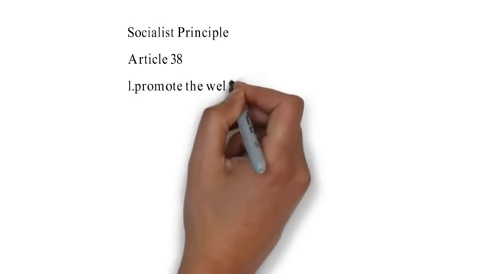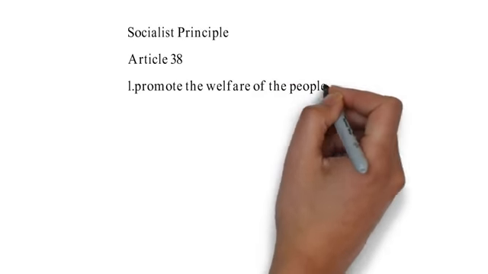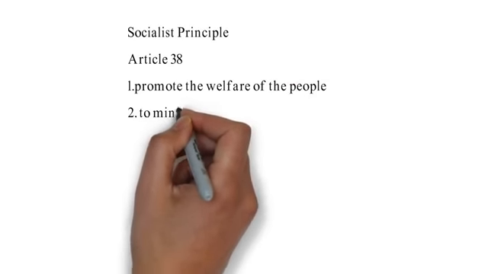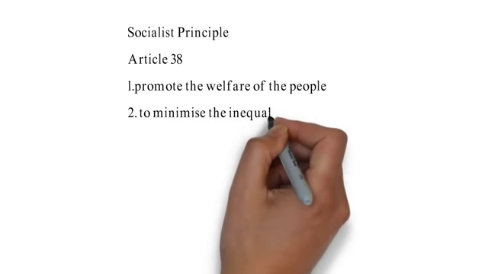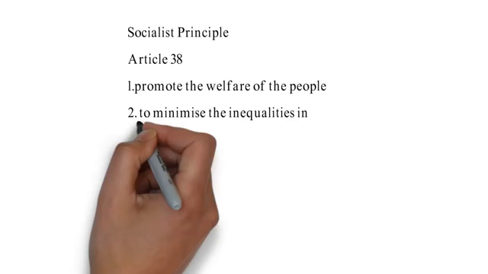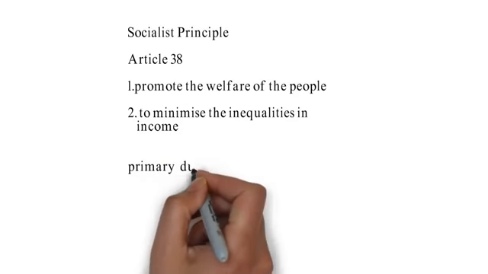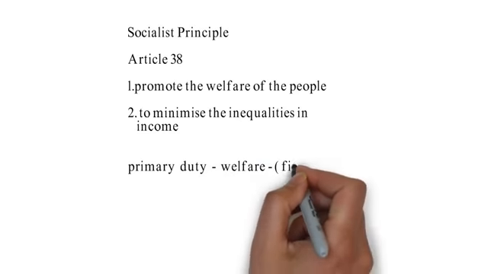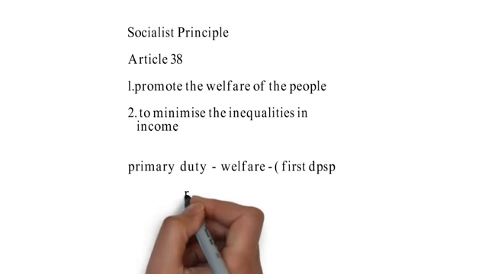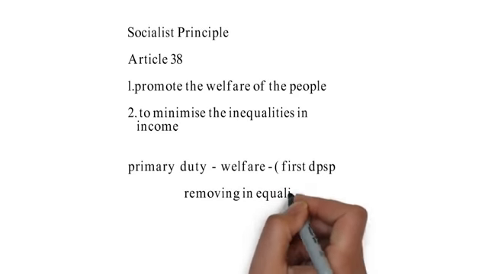And what are socialist principles? Socialist principles are basically those in which the welfare of the people, equal rights, and equal status are the foremost objective. Moving ahead, Articles 36 and 37 basically define what directive principles of state policy are, and the provisions start from Article 38. All the articles I am going to talk about come under socialist principle.